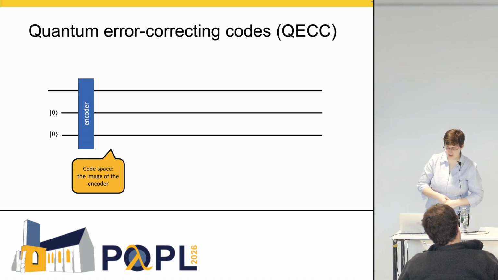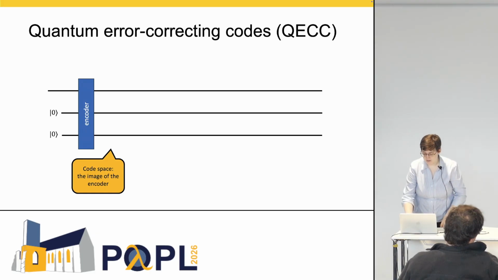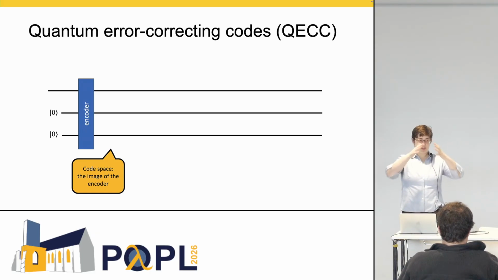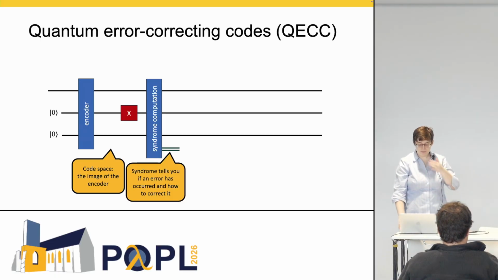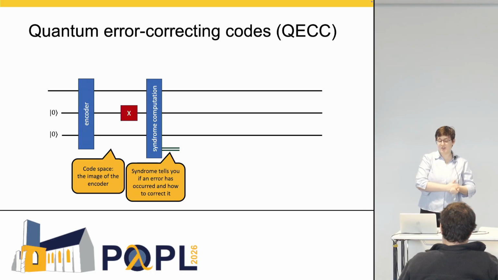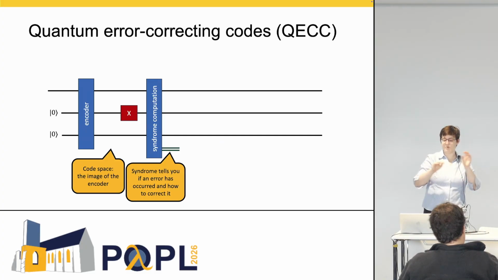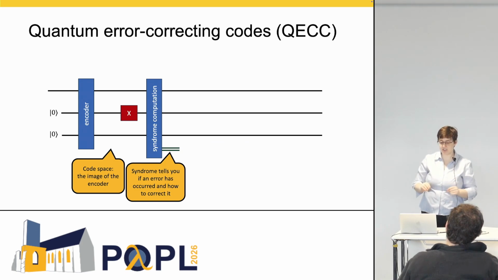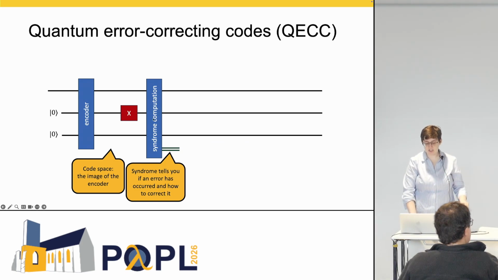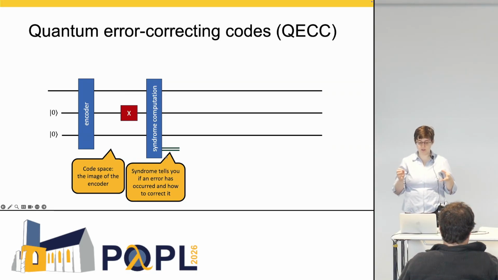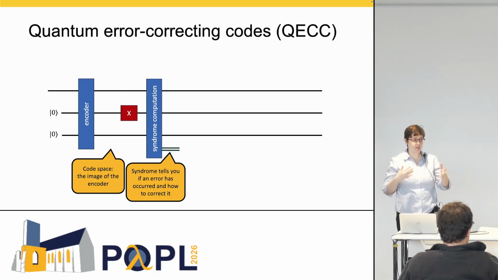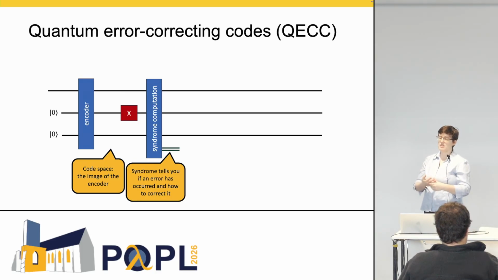I won't get into the mathematics of how that works exactly. But the idea is that once you're in this larger code space, if an error occurs, there is a procedure to do some kinds of observations and computations on the state space that doesn't change the state, but does output some classical bits, which is called a syndrome, that tells you if an error has occurred, and depending on the code, what error it was and how to correct it.